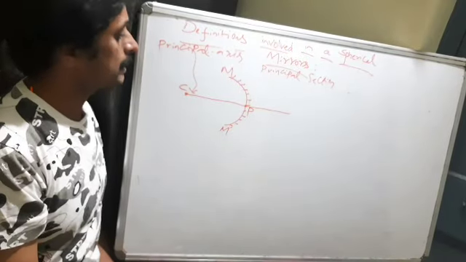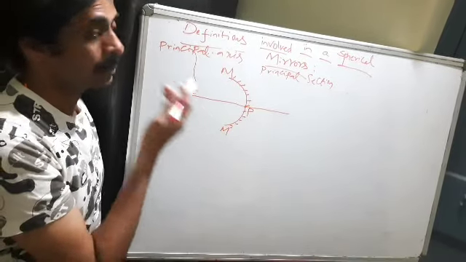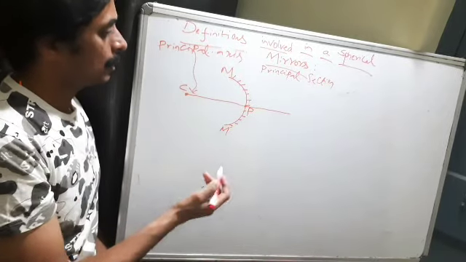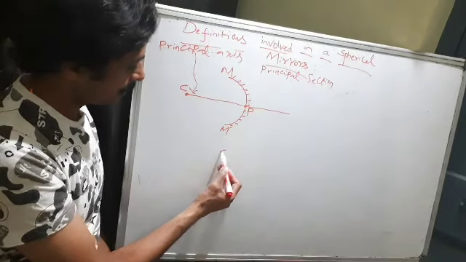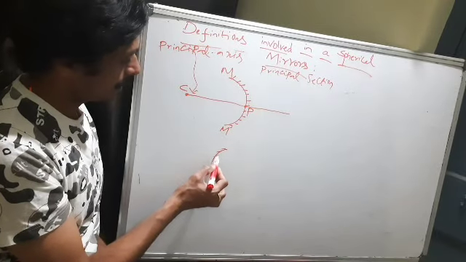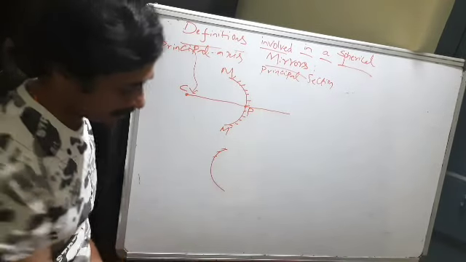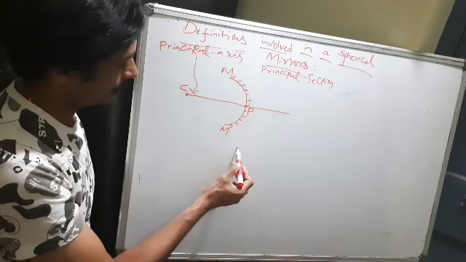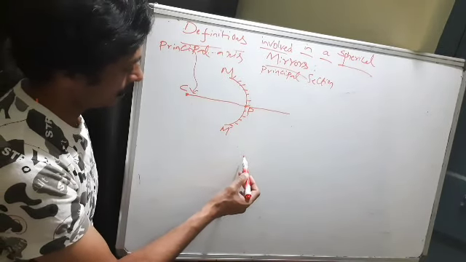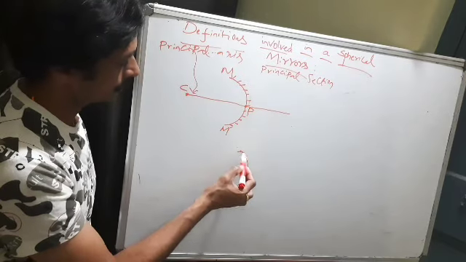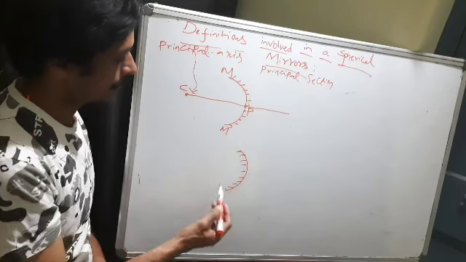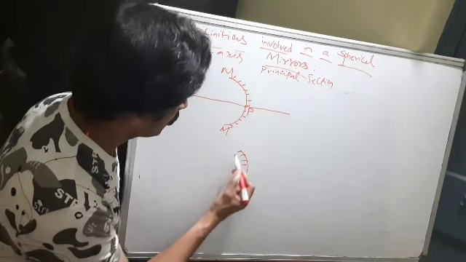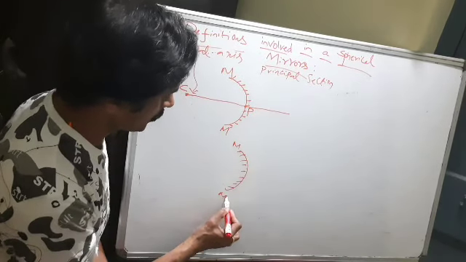And the next definition, what do you mean by principal focus? Principal focus, we can define it for concave mirror and also for convex mirror. Let me draw the convex mirror. So this is the part of the mirror M to M dash.